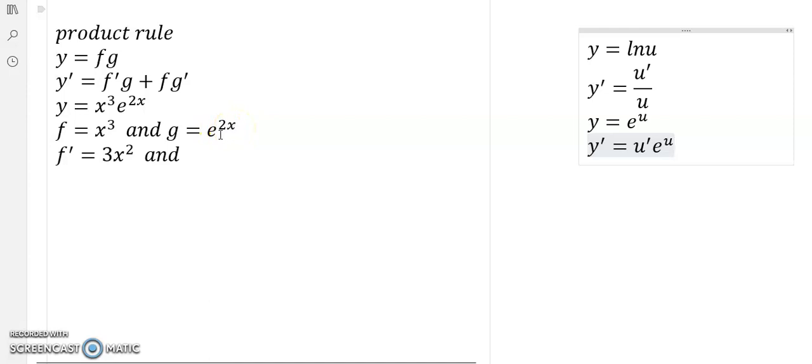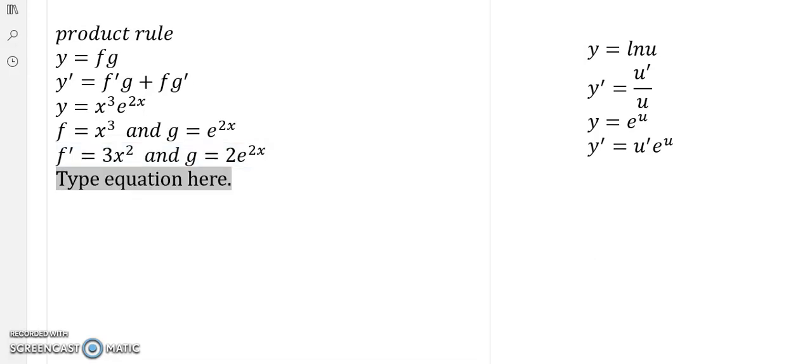Then to differentiate 2x, we're going to get 2. Then g prime will be g prime equal to 2e to the power 2x, just like here, meaning that u is 2x. Then we're going to have 2x here, just like that.